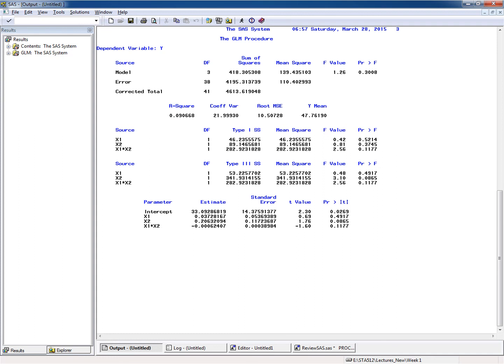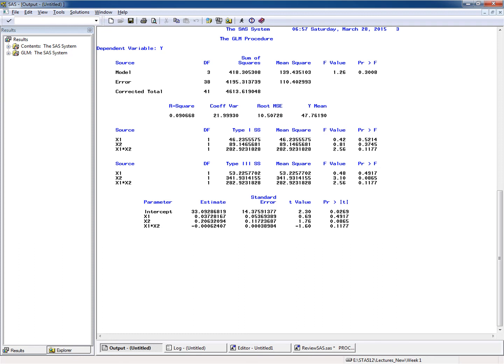Now I will point out I tried really hard to find an example in which it's significant, and at least using the data sets from our textbook, I just kept coming up short. So this is a little bit of a flawed example. It's flawed in the sense of why? If we look at the p-value for the interaction, in either case, type 1 or type 3, the interaction ends up being non-significant.